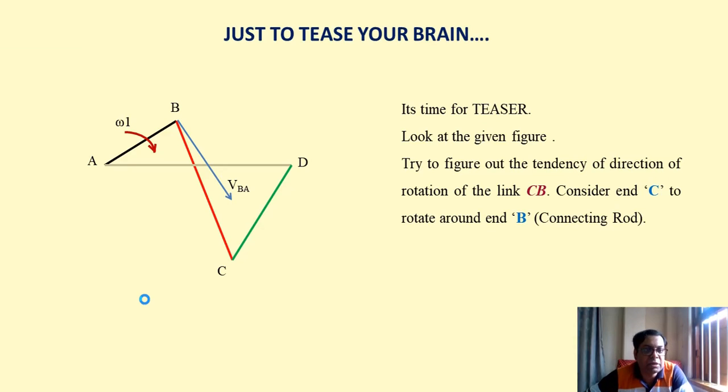Will it be clockwise or anti-clockwise? Remember, AB is rotating in clockwise direction. Now, can anybody among you tell me whether with respect to B, C is rotating in clockwise or anti-clockwise direction?